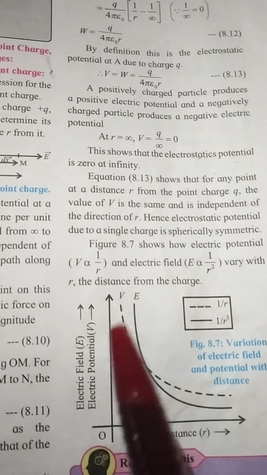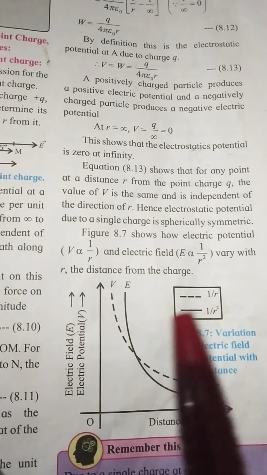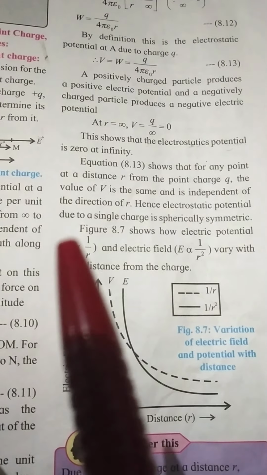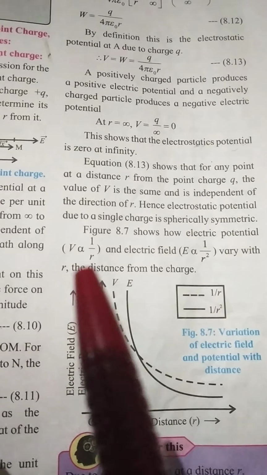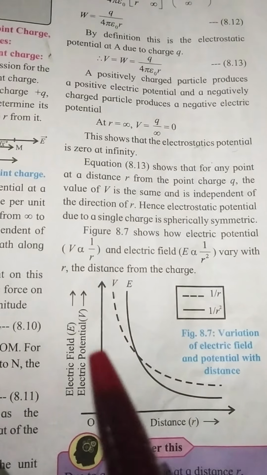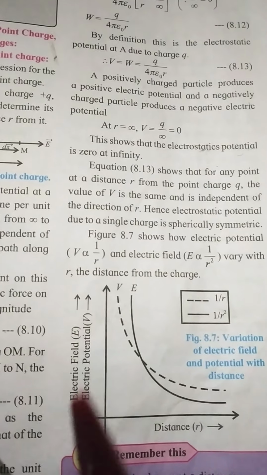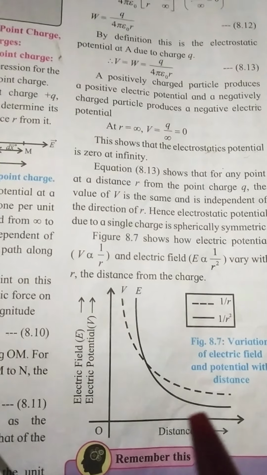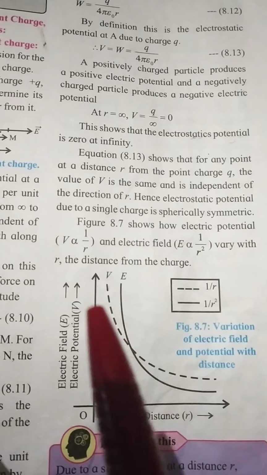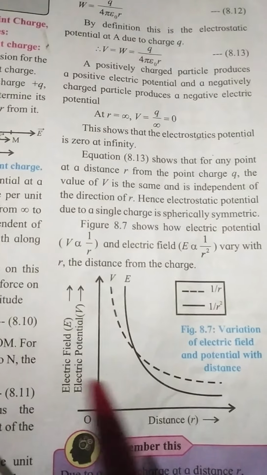This graph shows electric potential versus distance, 1 upon R, as a dotted line, and electric field versus distance as a plain line. This shows the variation of electric field and potential with distance.